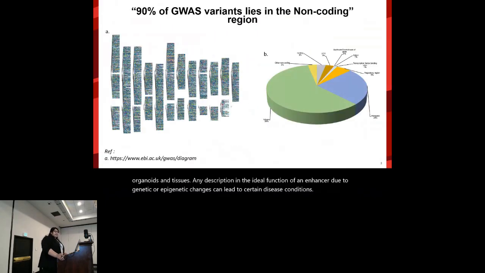So, genome-wide association studies are a comprehensive repository of SNPs which are associated with certain traits or diseases. As of 2024, the catalog has a vast collection of about 625,000 significant SNP-trait associations, which are linked to about 15,000 traits.